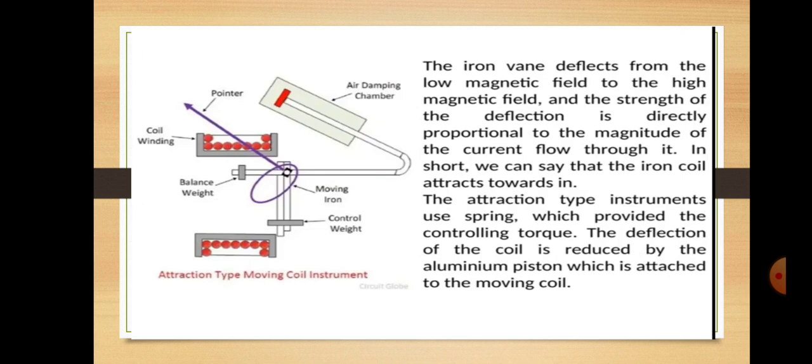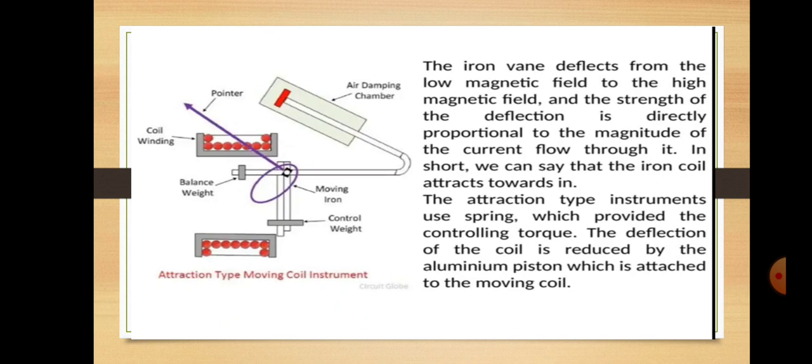Here we can see the attraction type moving iron instrument. The iron vane deflects from the low magnetic field to the high magnetic field. As in the diagram we can see the iron vane which is connected to the spindle, that is the moving iron.